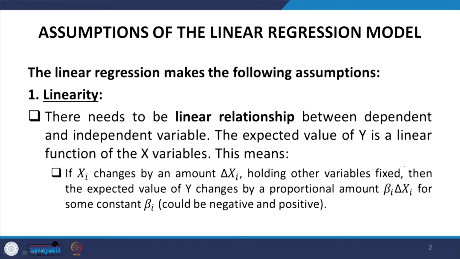Now, the expected value of y is a linear function of the x variable. That means if x i changes by a unit change of delta x, holding other variables fixed, then the expected value of y changes by a proportional amount, that is, the coefficient beta i times delta x i, for some constant beta i that could be negative or positive depending upon the relationship of the variables.